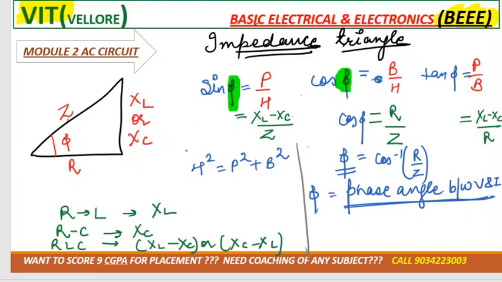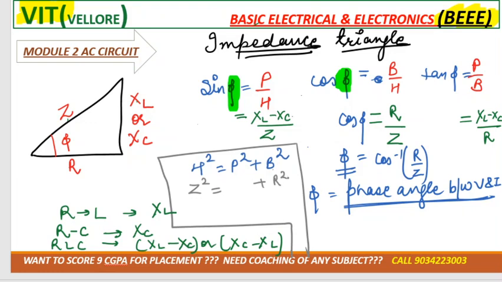Now you need to apply the Pythagoras theorem. Can you tell me, in the Pythagoras theorem, hypotenuse is how much? Z. It would be Z square. Base is how much? R square. And perpendicular is XL minus XC whole square.